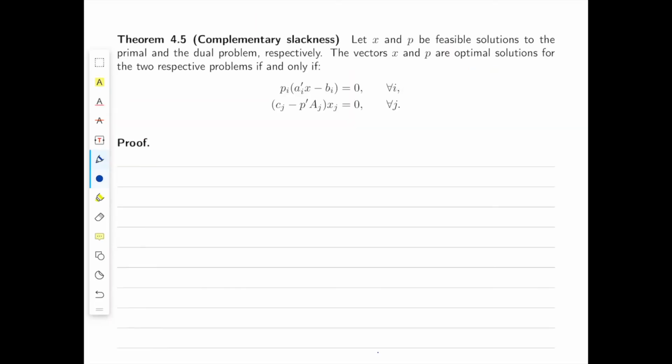In the proof of complementary slackness, we will use some things that we've already observed in the proof of weak duality.